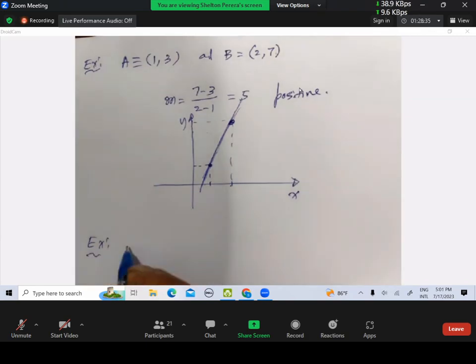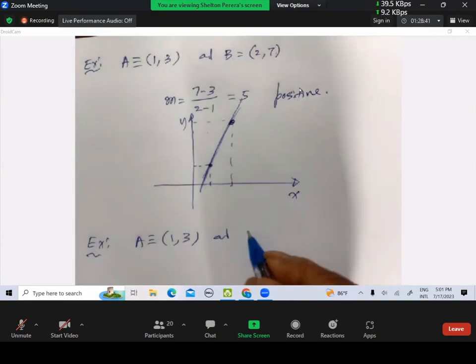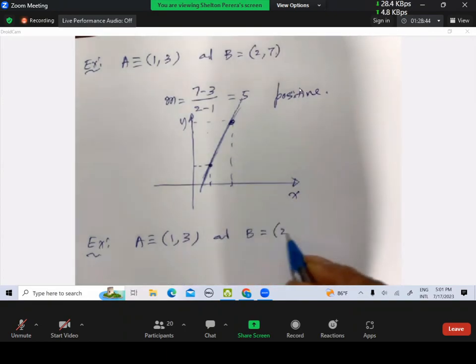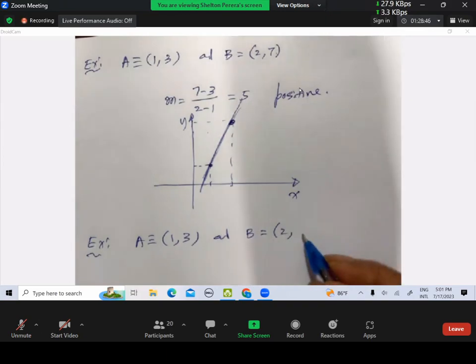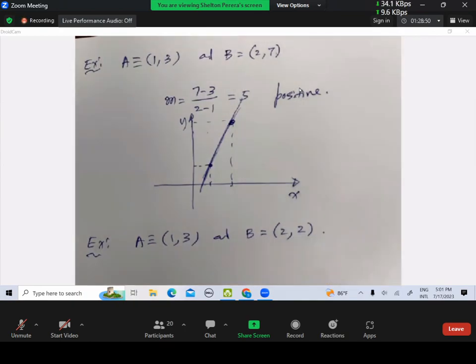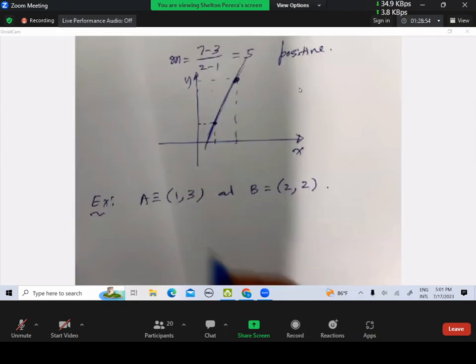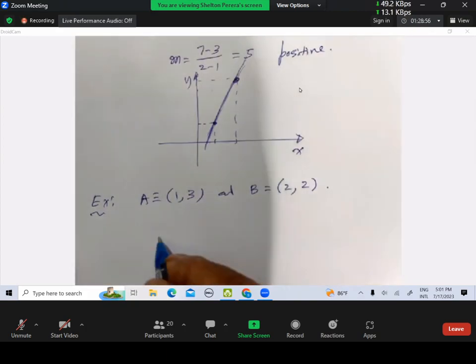Next one, let A have coordinates (1, 3) and B have coordinates (2, 2). What is M?